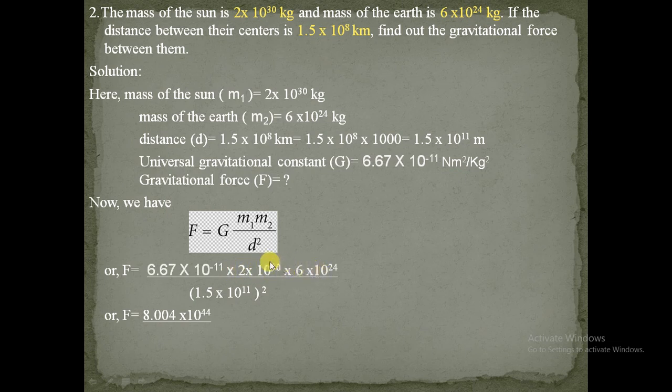You can use your calculator; we get 8.004 into 10 to the power 44, and if we square the given distance, we get 2.25 into 10 to the power 22. So finally, if we divide, we get F equals 3.56 into 10 to the power 22 Newton. So this is the gravitational force that exists between the sun and the earth. So this is the answer.